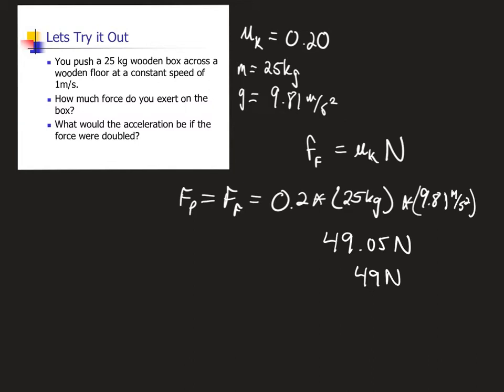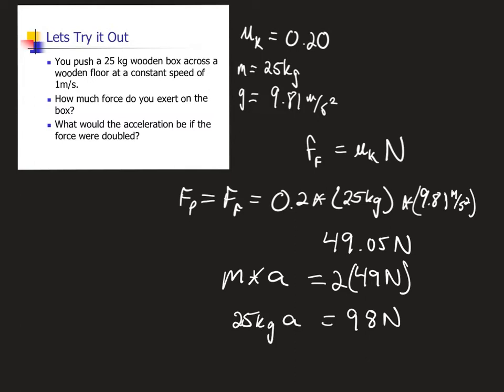Now if we doubled the force, we'll multiply it by 2, and that's going to equal the mass times acceleration. So if I double the force, 49 times 2, 98 newtons, is equal to the mass, which hasn't changed, so that would still be 25 kilograms, times a.